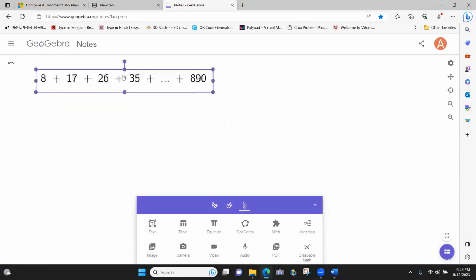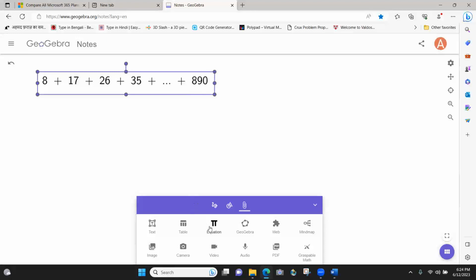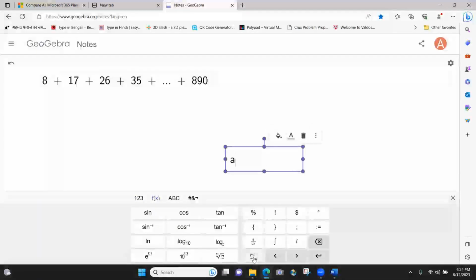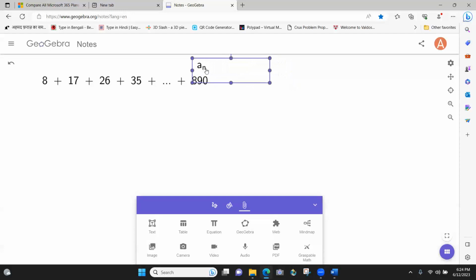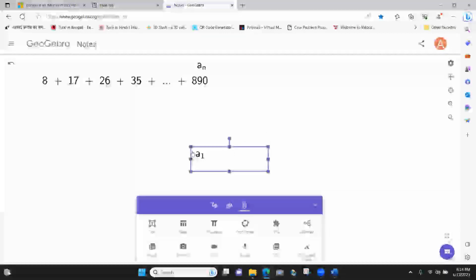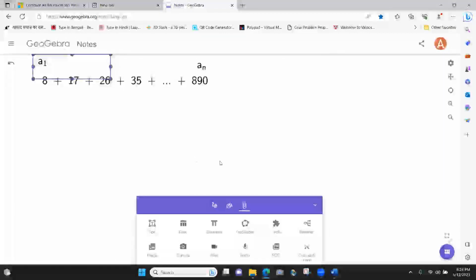Now, I need to find the position of the last term, 890. I'm going to call it A subscript N. That's the last term. I'm going to put it here. And the first term is clearly 8. I'm going to put it here.